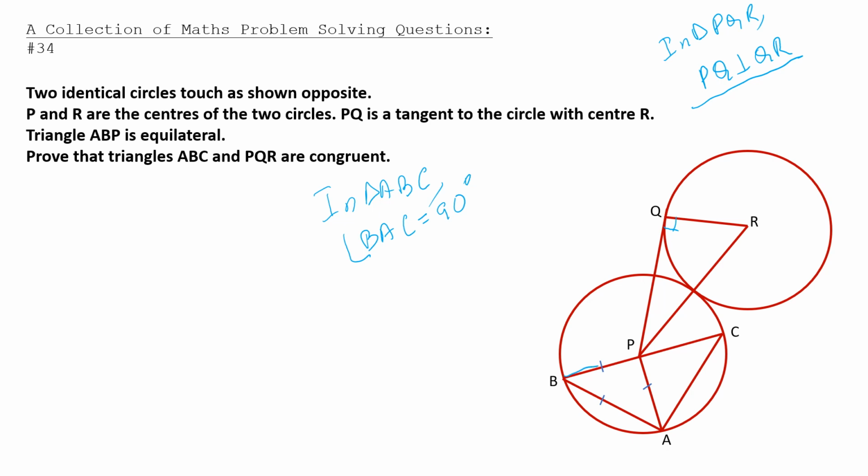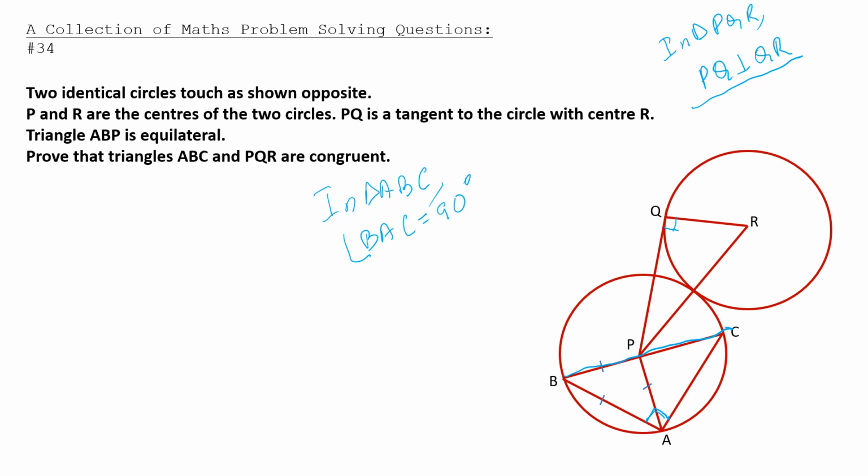So BC is the diameter because it passes through the center, and the diameter subtends an angle of 90 degrees at any point on the circle. So we can say that this is also 90 degrees. So angle BAC equals 90 degrees.